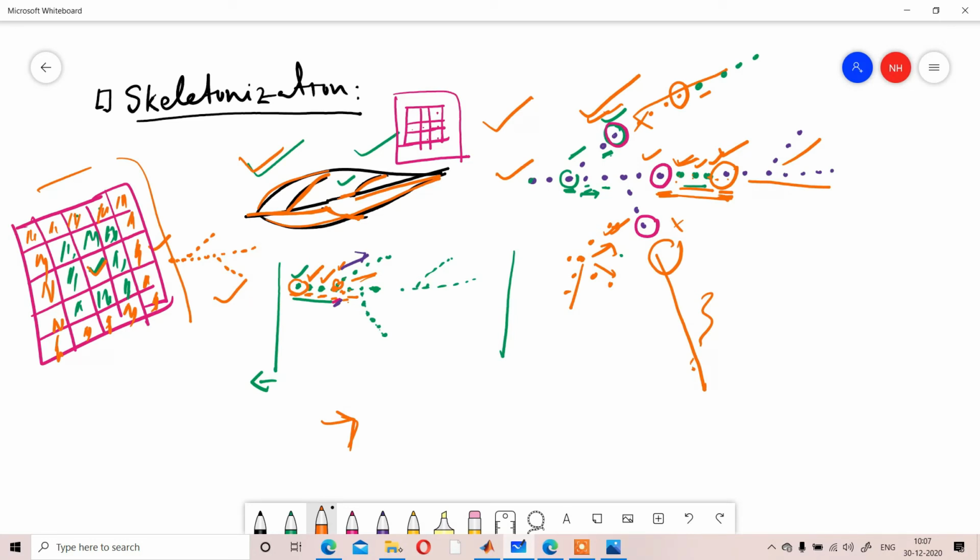And if the leaf is like that, means suppose from here also you have this structure. So if we create image A1 from that operation, you will get a structure like that.